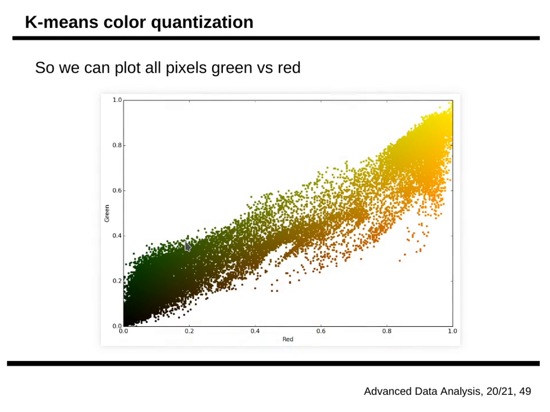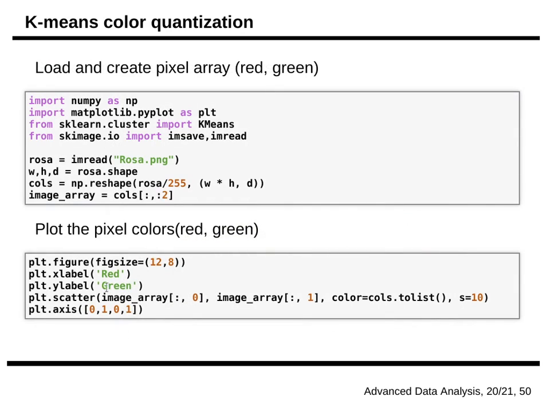So now we can take this. This is easy if you use scikit-image. You have this imread function that allows you to read an image into a NumPy array. So this is a three-dimensional NumPy array that has the width of the image, the height of the image, and the depth is 3 because you have red, green, and blue.